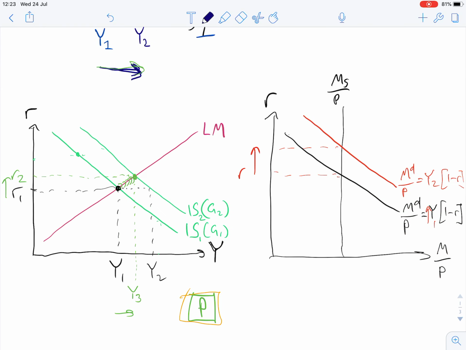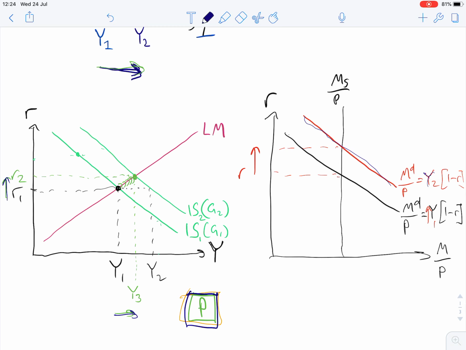The IS curve shifted, but we also know that as the upward pressure on Y was exerted from our Keynesian cross world, we had this reciprocal change in money demand, which is a function of Y. So as money demand shifted rightward, or there was an increase in money demand for a given rate, we had an increase in the equilibrium real interest rate that clears the money market, and this was likewise captured as a shift along the LM curve, where the interest rate effect offsets somewhat our increase in output, and our new direction of travel is Y1 to Y3, with R1 to R2.